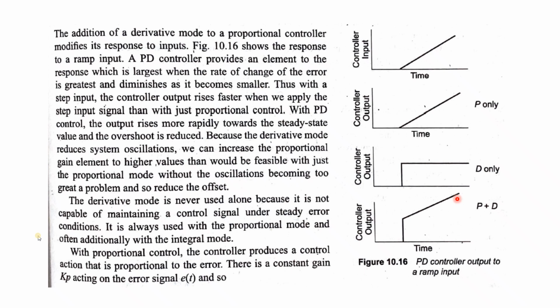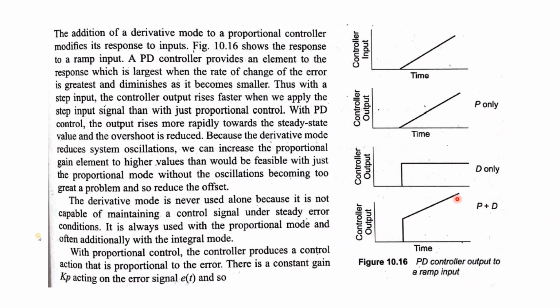So if I go through this particular portion, the addition of a derivative mode to a proportional controller modifies this response. So a PD controller, that is proportional derivative controller combined, provides an element to the response which is largest when the rate of change of the error is greatest and diminishes as it becomes smaller.